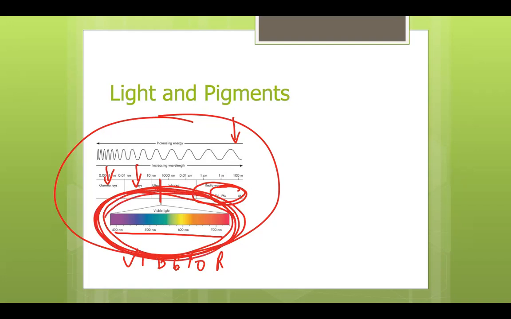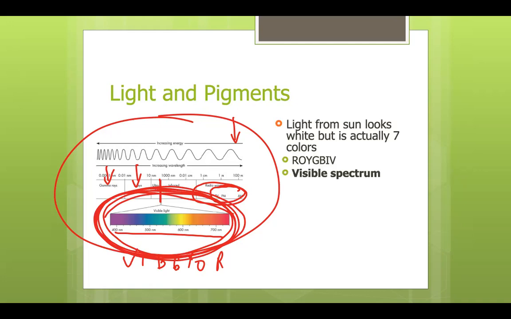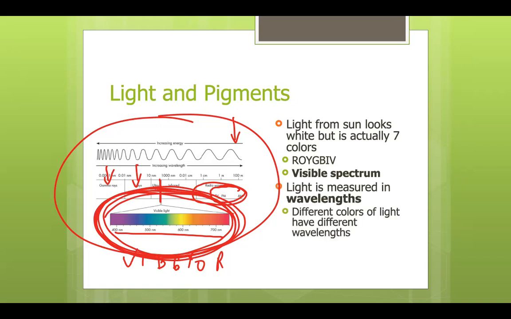So the wavelength and frequency of energy that we're talking about for photosynthesis is in this range. So you see anywhere from 400 to 700 nanometers for a wavelength. This is what's called the visible spectrum, because it's the only one that we can see. And of course, we measure light in wavelengths. Different wavelengths of light have different colors, and that's how we see color.